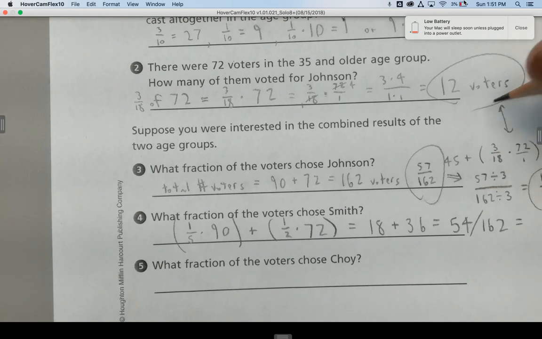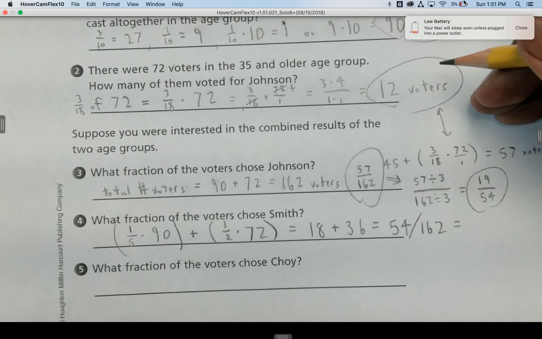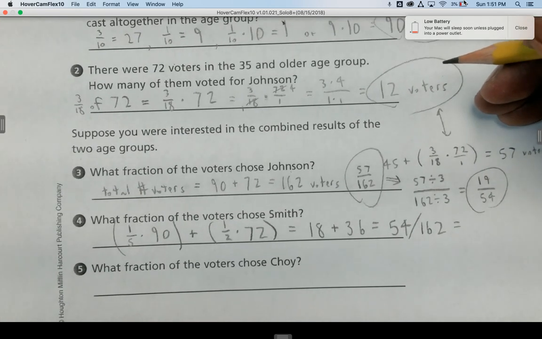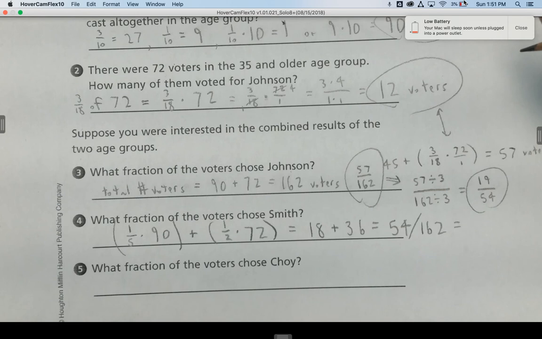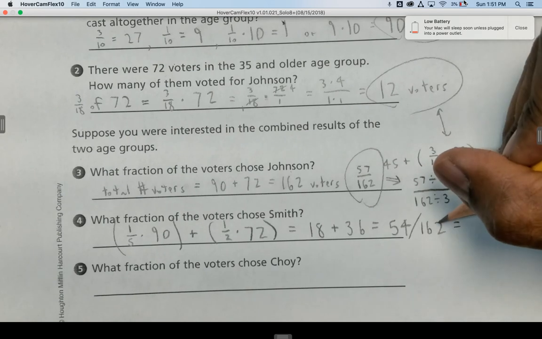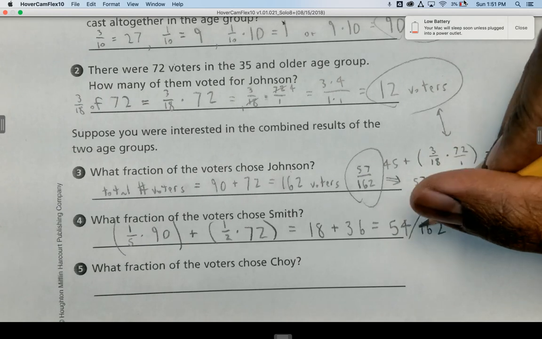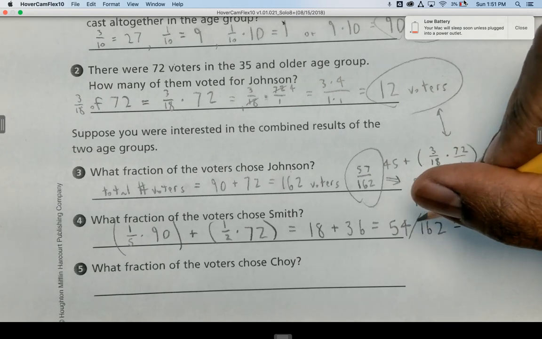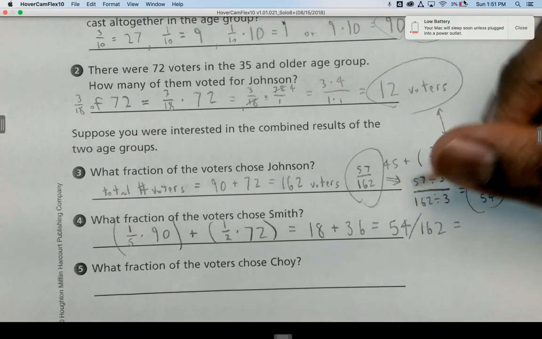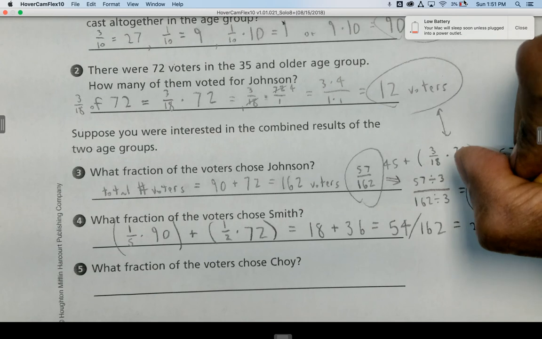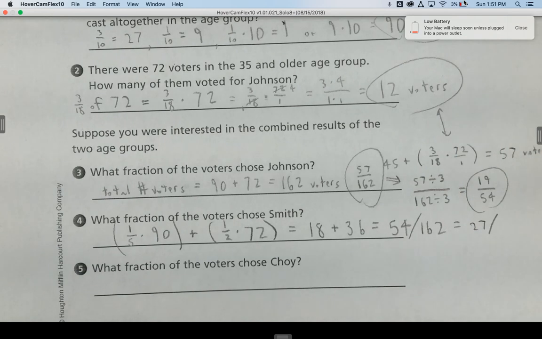Boy, these fractions are kind of bigger number crunching than I had expected. But I know we can divide both of these numbers by 2 to start off with. I don't know if 2 is the greatest common factor, but let's give it a whirl. 54 divided by 2, that gets us 27. Okay. 162 divided by 2 gets us 81.